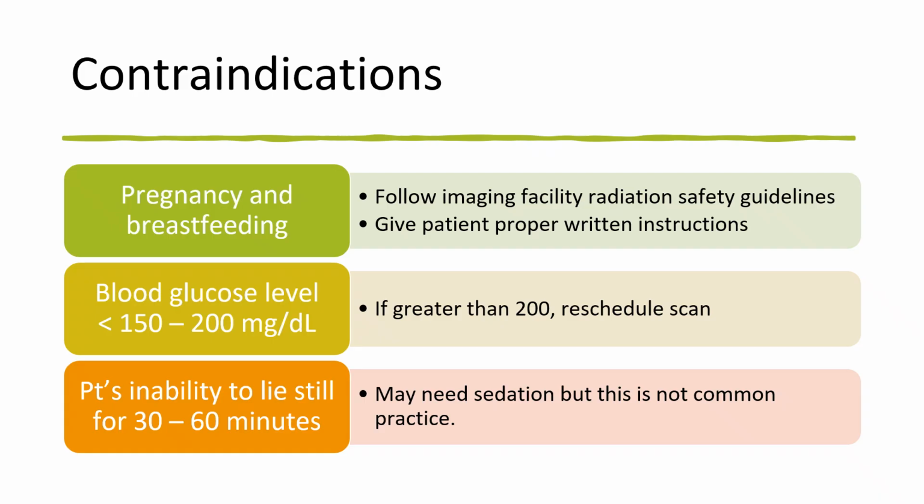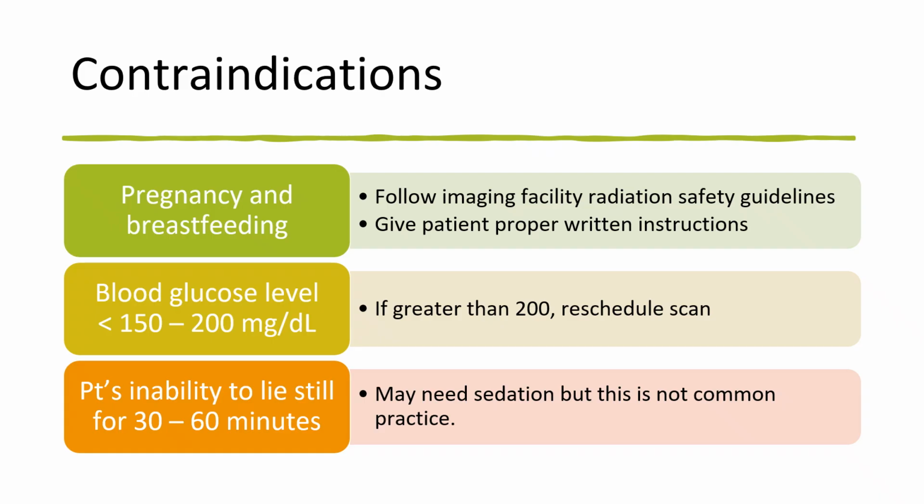Patient must be properly informed and sign a waiver. And then, of course, always follow the imaging facility's radiation safety guidelines and make sure that the patient is educated, signs a release, and that they have been given proper written instructions and that they actually understand them and agree to follow them.